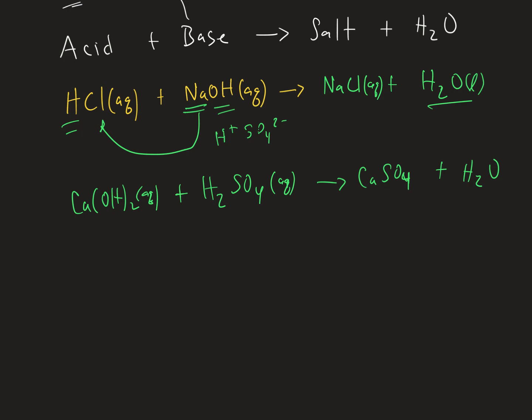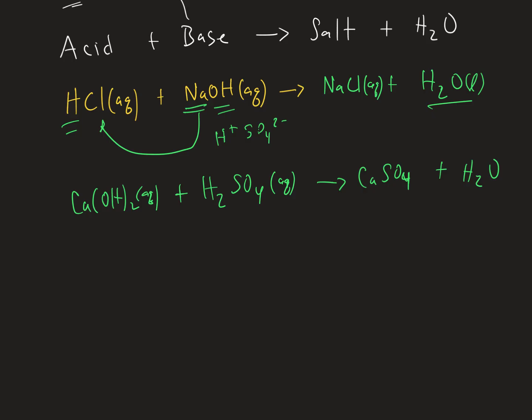Okay, and the next one down, HCl. Ooh, that looks like an acid, right? AgNO3. Ooh, does that look like a base? It doesn't have hydroxide in it. But look at the products. What do we get? Oh, we get a solid forming. So what type of reaction is this?